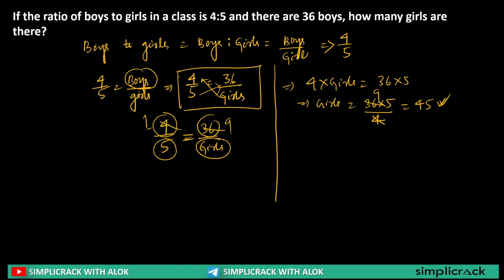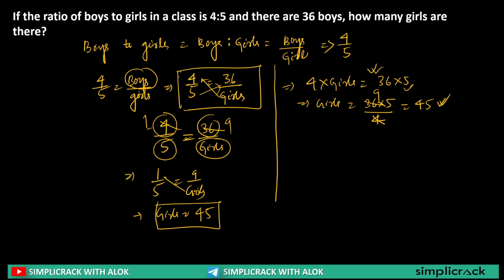Now the equation is simplified: 1 by 5 is equal to 9 by girls. So girls will be 9 into 5, that is 45. So the number of girls is 45.